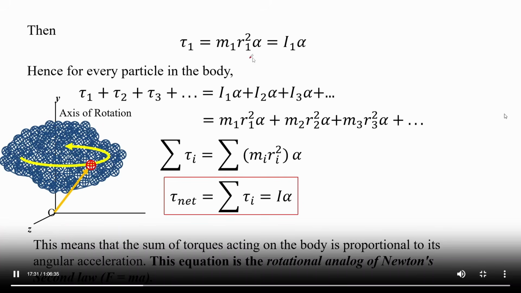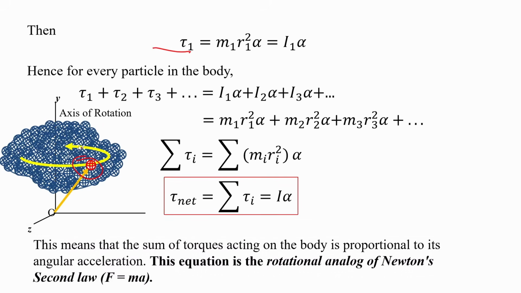Next, if this is the torque 1 for the single mass, if you consider all the masses, the torque would be the sum of torque 1, torque 2, torque 3, and so on, which is equal to I1 alpha, I2 alpha, I3 alpha, and so on. So the angular acceleration remains constant, but the torque and the moment of inertia change.